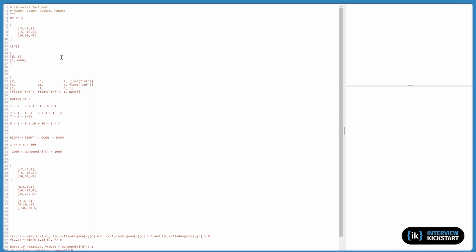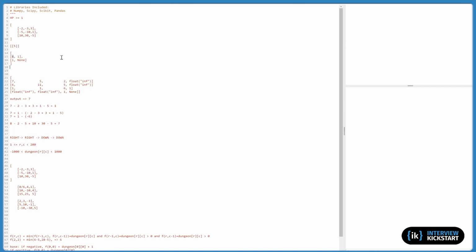We can't do that, because if we start with negative 5, that means the RPG character starts with negative health and immediately dies before the first turn. Right. So we can start with maybe a 1. Yeah, it would be a 1.